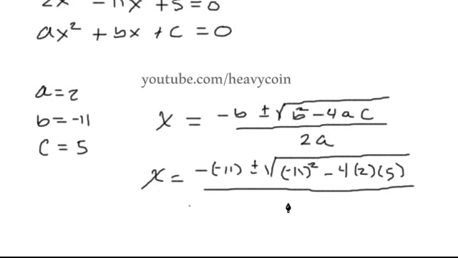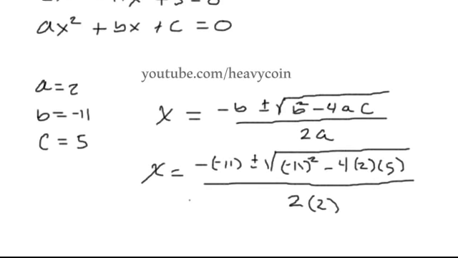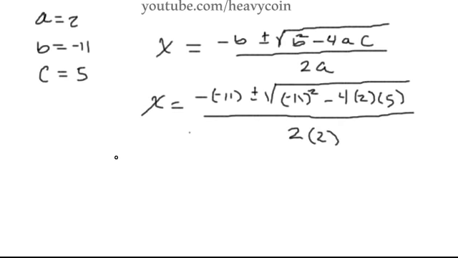And that is going to be all over 2a. And now what we need to do is just simplify it down. So we're going to have negative, which is a positive, 11 plus or minus the square root of negative 11 squared, which I just plug into the calculator.